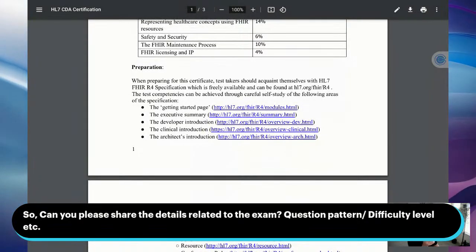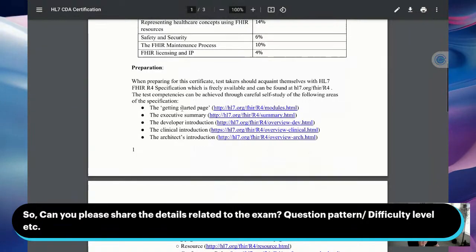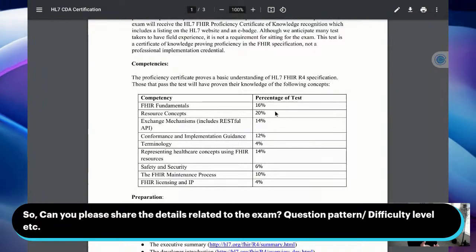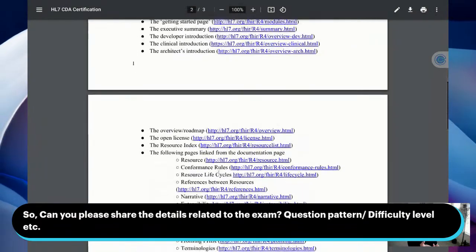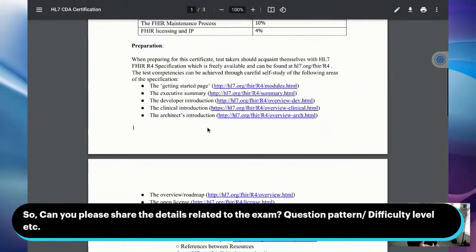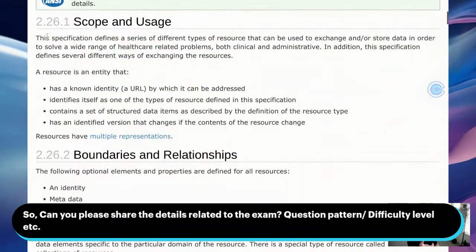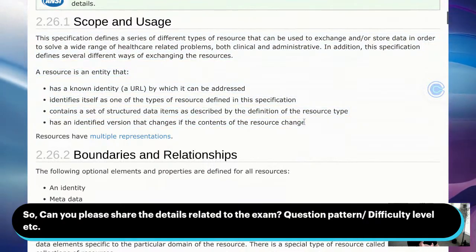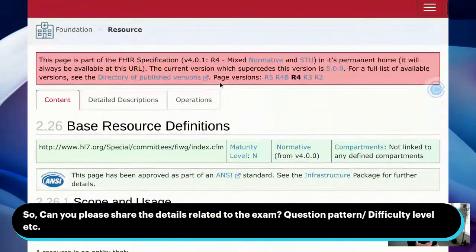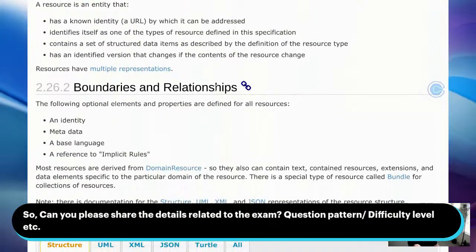Let's just say that it tests your ability to really know things that are in the spec itself. A big part of it is on resource concepts. If you go through the resources, you should be able to know things on every one of these web pages on the HL7 FHIR website, literally everything. You should know it really, really well.